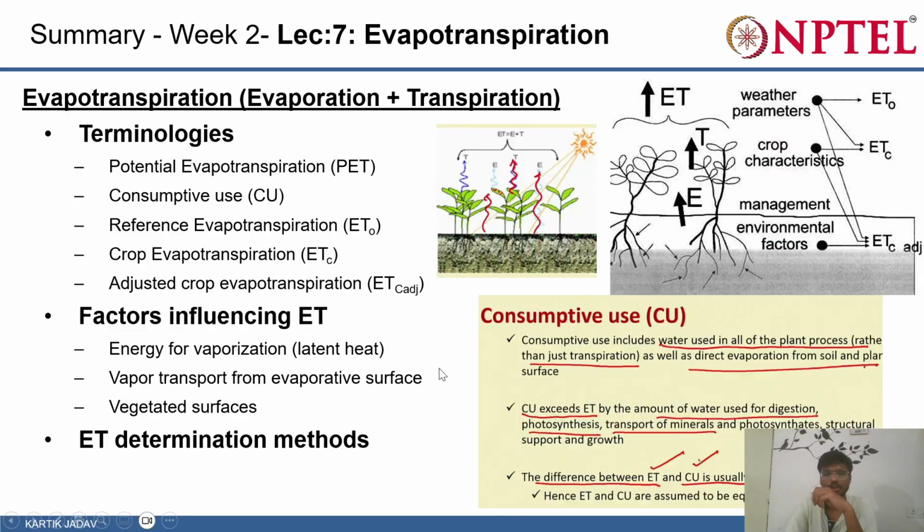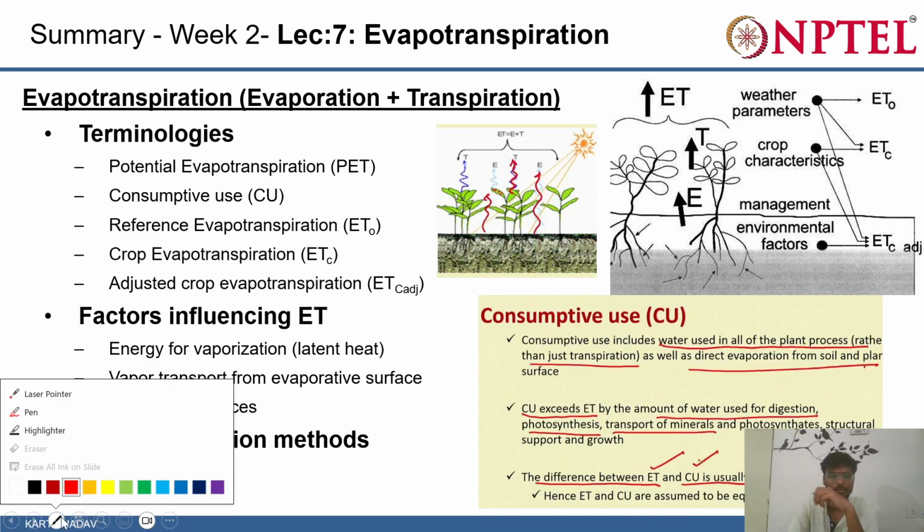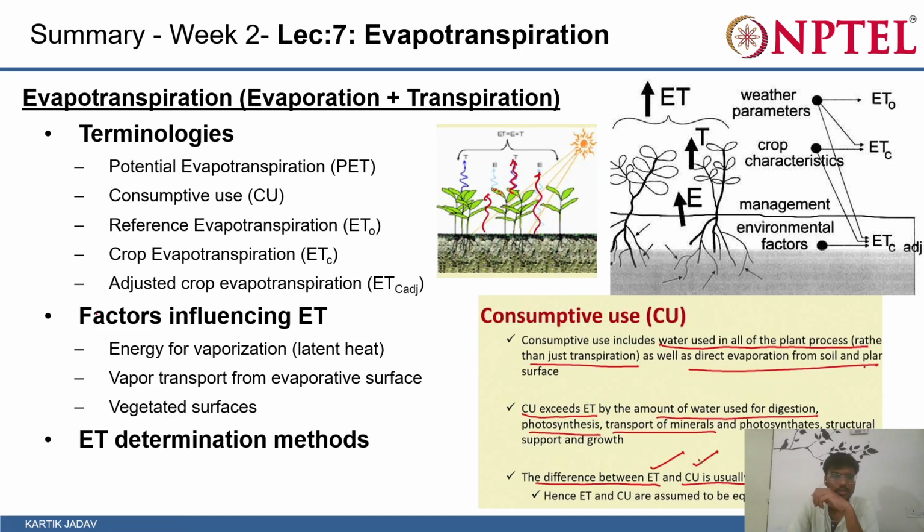So, what we are talking about is different kinds of evapotranspiration terminologies. Then, factors influencing evapotranspiration: factors related to the climate, factors related to the soil, and certain crop characteristic factors, which impact this evapotranspiration. Then there is also consumptive use.